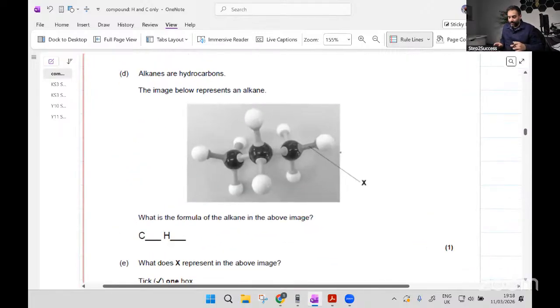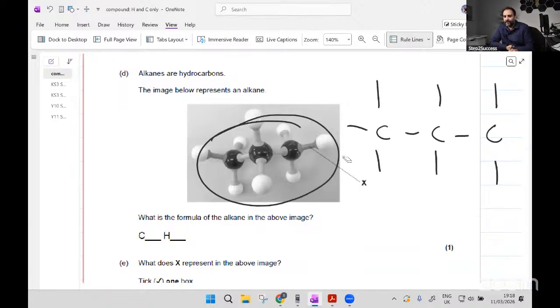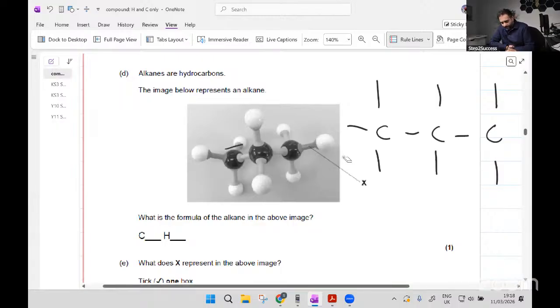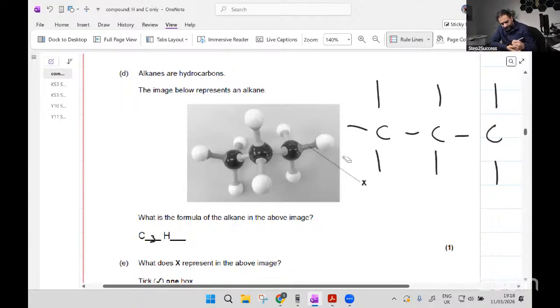This question should not be too difficult, but it just involves counting. So when we draw these pictures of these bonds, it often looks a bit like this. Now, this is the same thing, but it's like a three-dimensional picture of it. So what you're meant to realize is that these three in the middle are the three carbons. So there's three of those.